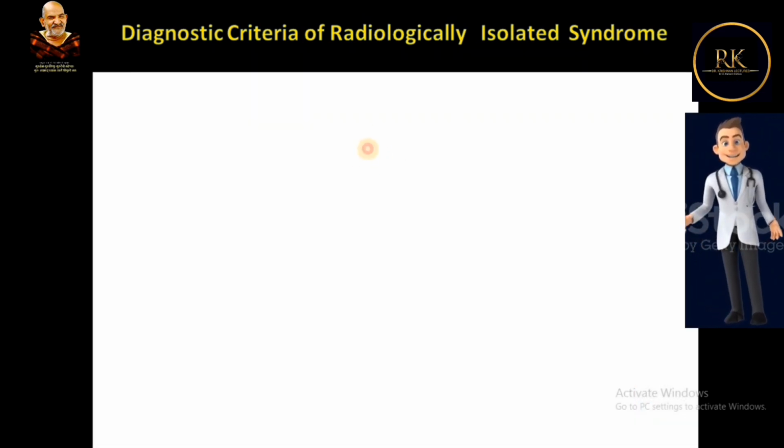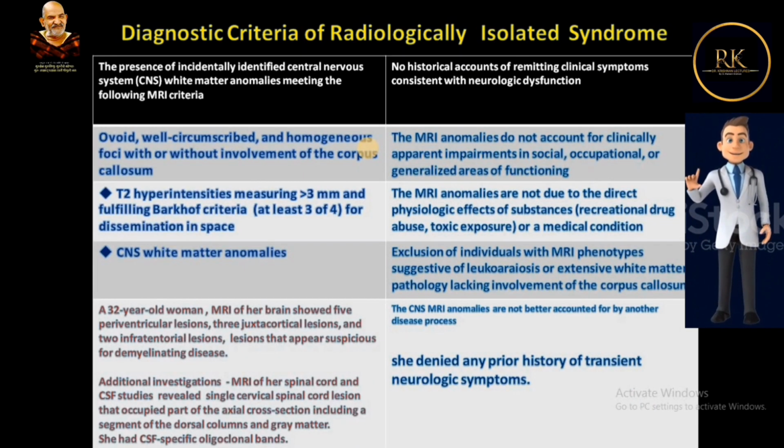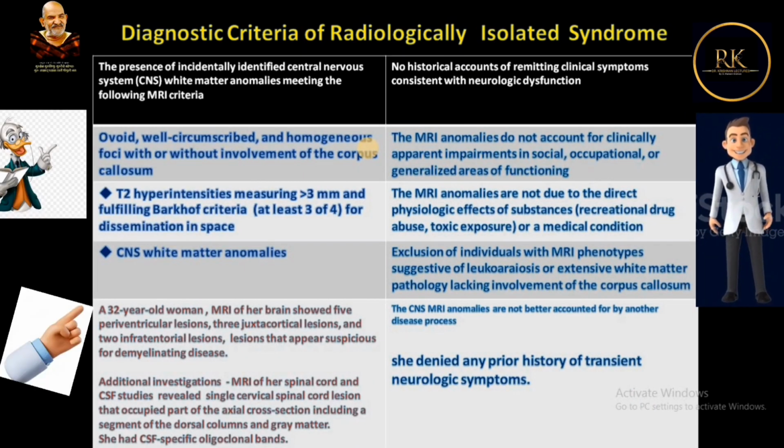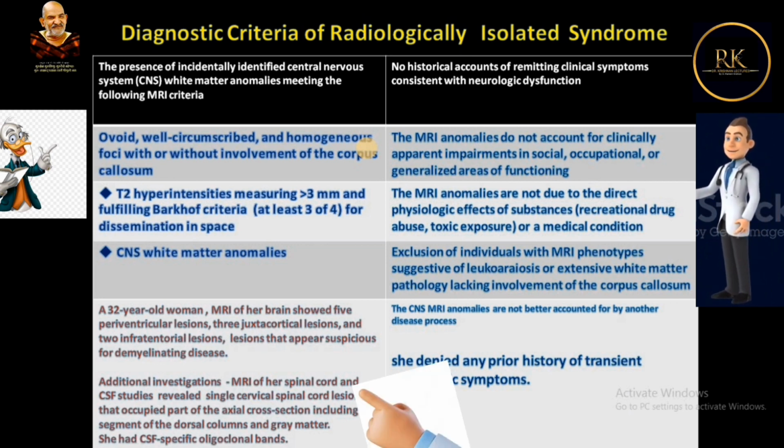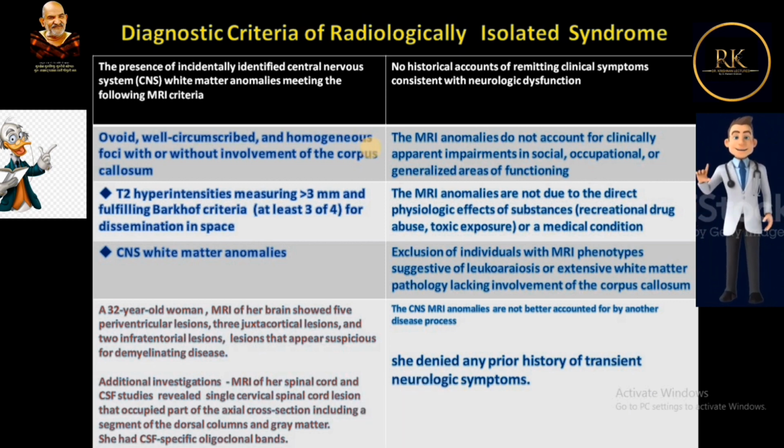Now come to the clinical case that we have discussed earlier. As this patient has MRI findings with 5 periventricular, 3 juxtacortical, 2 infratentorial lesions suspicious of demyelinating disease, and the MRI of the spinal cord also shows demyelinating events at the dorsal columns, this patient fulfills 3 of the 4 Barkhof criteria for dissemination in space, and these white matter hyperintensities were identified incidentally.